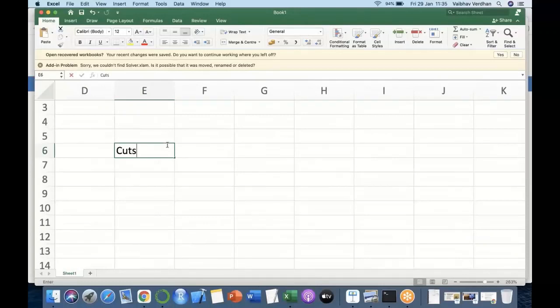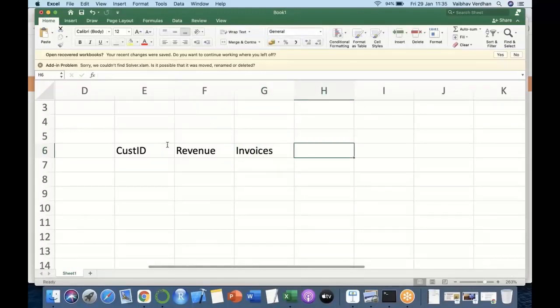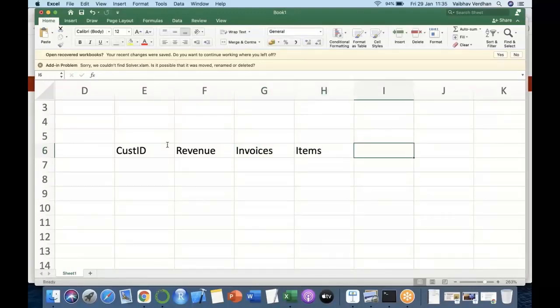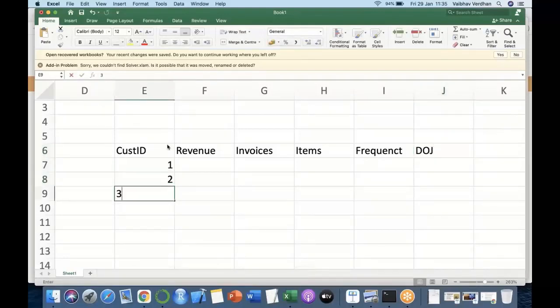You have a customer ID, the revenue from the customer, all the invoices generated from the customer, the number of items bought, the frequency of purchase, and the date of joining. You have multiple attributes: customer IDs 1, 2, 3, 4, 5, and whatever revenue, number of invoices, and number of items bought, and so on, right?